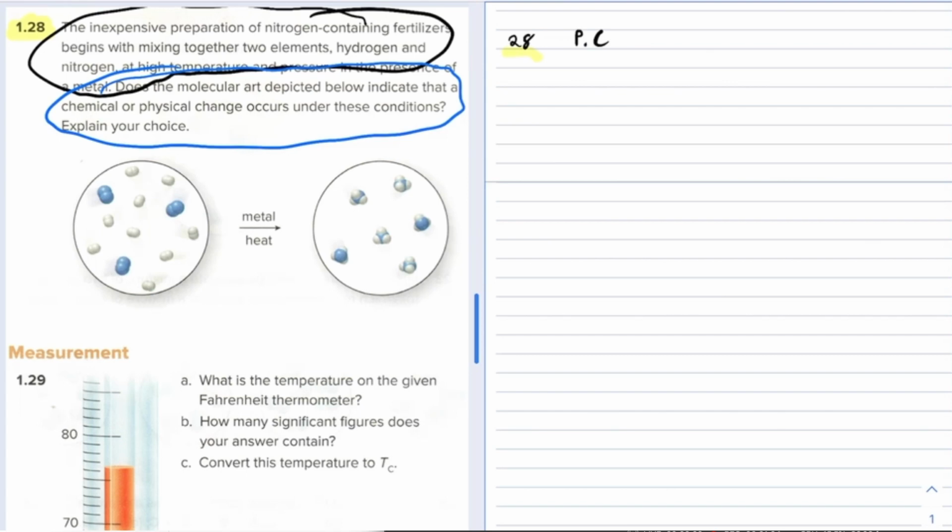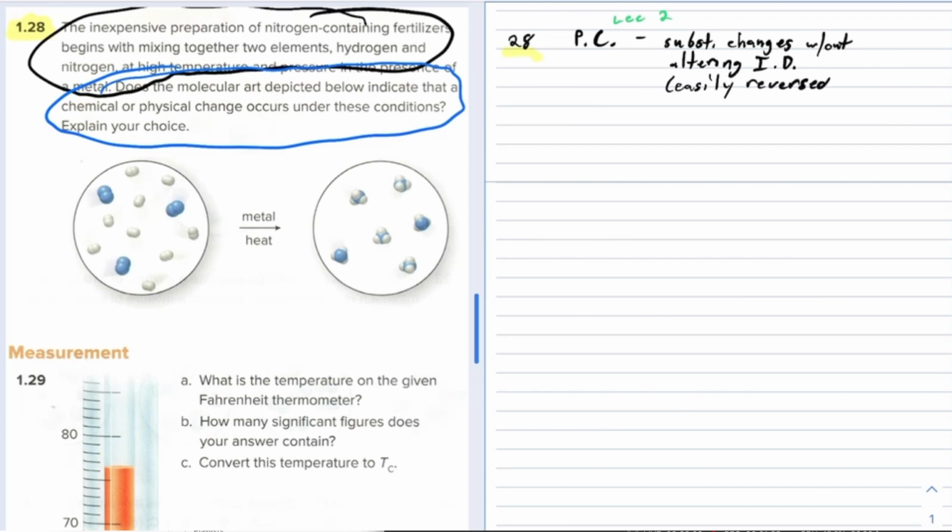Physical change, this is discussed in lecture 2. Remember, physical change is when a substance undergoes some sort of change without altering its identity, and it's easily reversed.